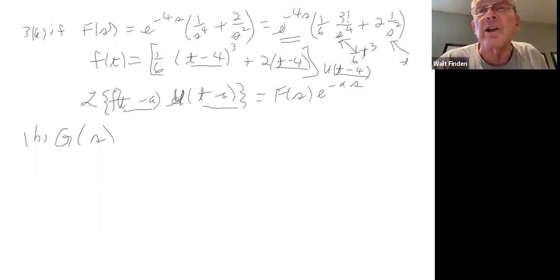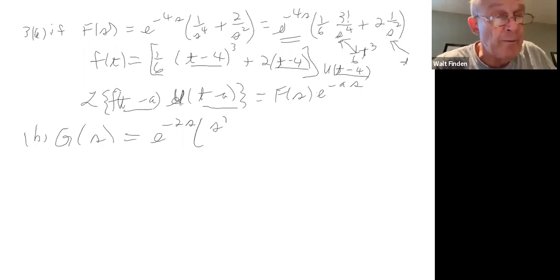Let's get the notation used properly. Second part, we have G of s equal to e to the minus 2s times s squared plus s plus 1 over s minus 1 times s squared plus 2.